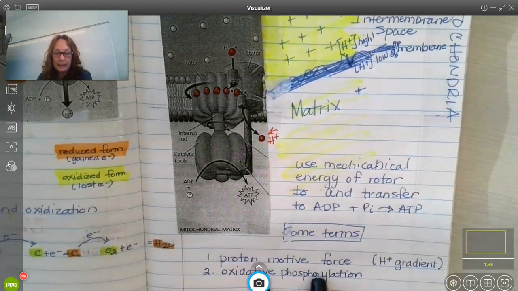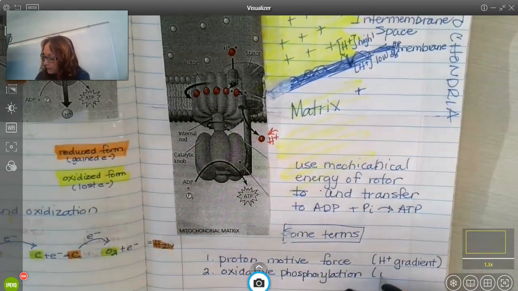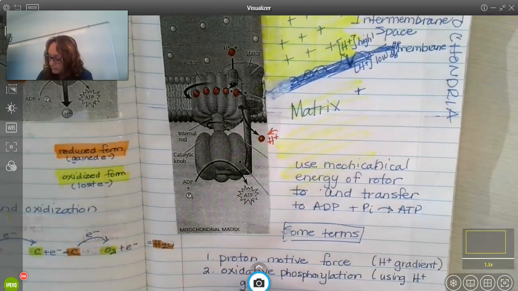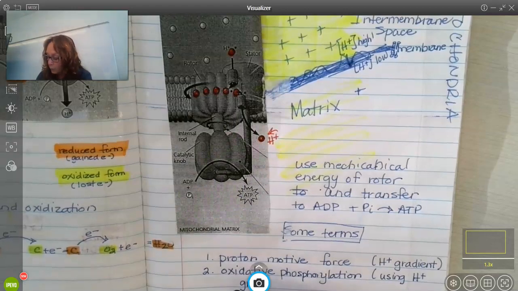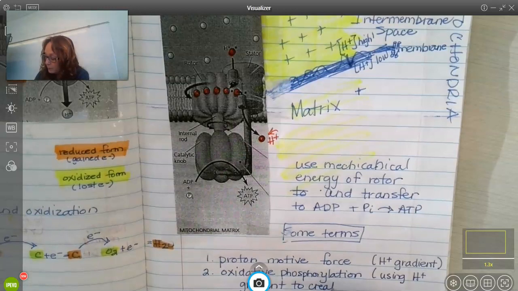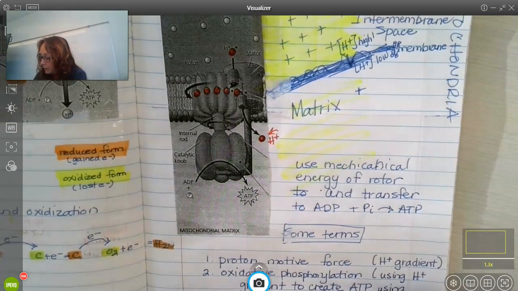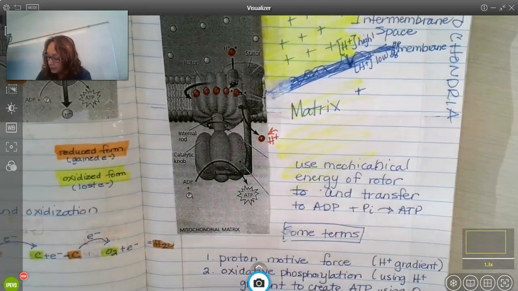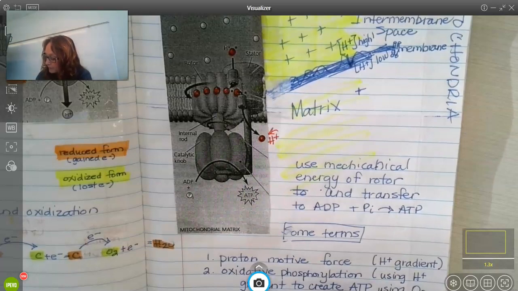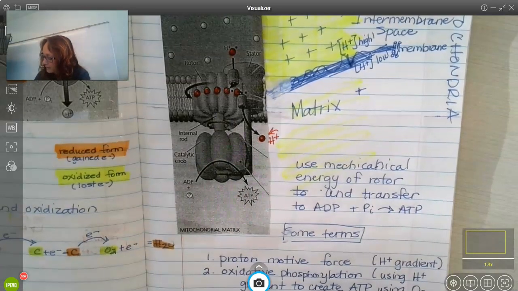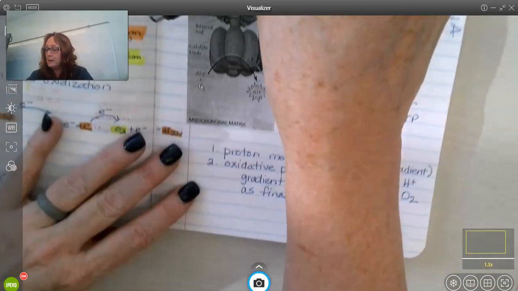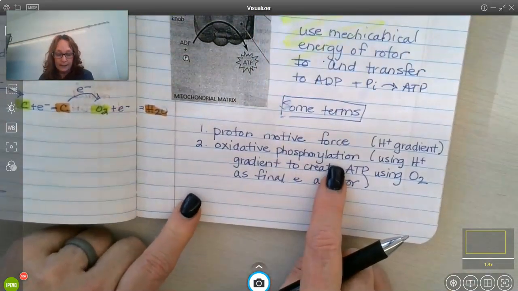That is the process of using a hydrogen ion gradient, that proton motive force, to create ATP, and we have to be specific here, using oxygen as the final electron acceptor. It's on the other side. Okay? So that's another way they could say this.